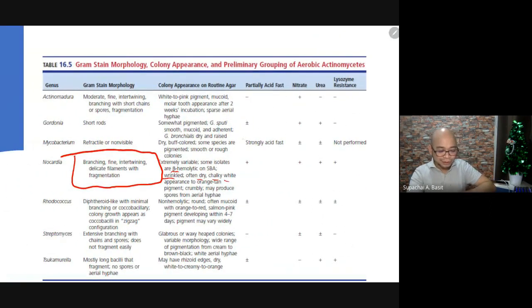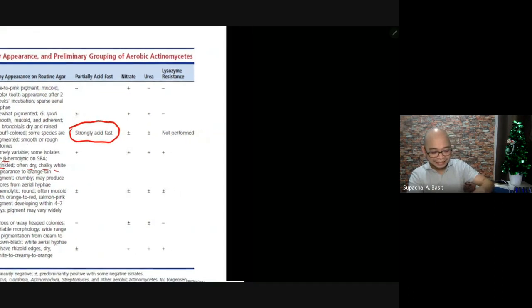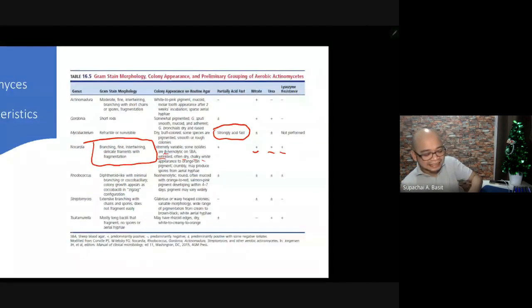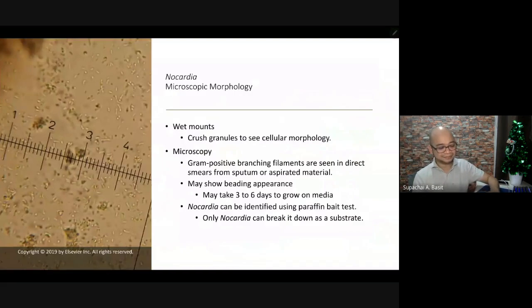Unlike Mycobacterium, which is strongly acid-fast, Nocardia is slightly acid-fast. Nocardia can be positive with nitrate and urea, and they are lysozyme resistant. So that's how they are differentiated from Mycobacterium. Again, Mycobacterium is strongly acid-fast. Nocardia is just slightly or partially acid-fast.